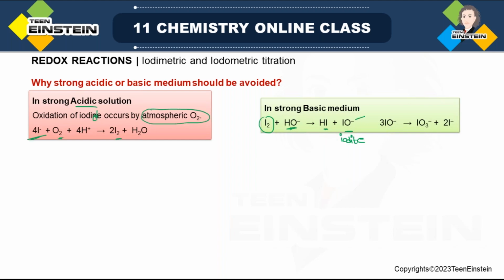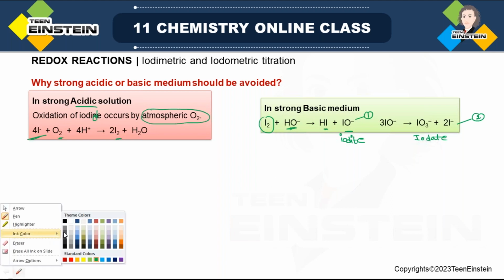This is the first equation. Look at the second equation. This hypoiodite is also converted to iodate, IO3-, and I-. So whether you consider IO- or IO3-, in both cases, iodine is basically oxidized.